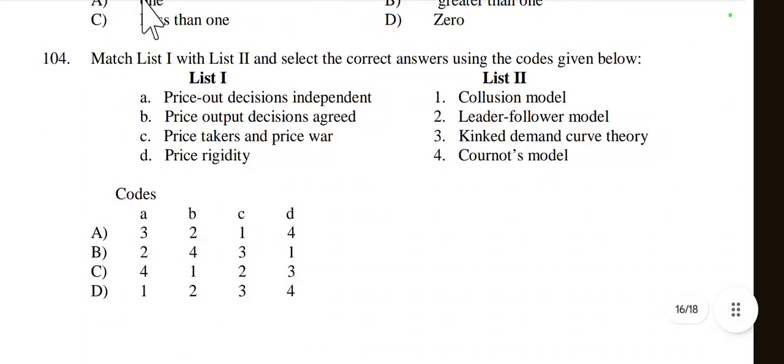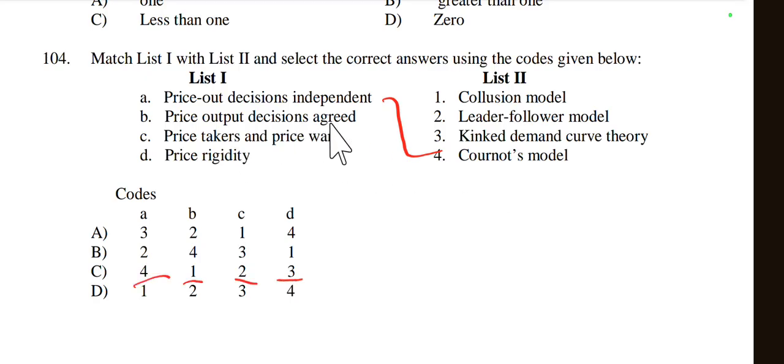Then question number 104, list 1, list 2: price output decision independent, price output decision agreed, price takers and price war, price rigidity. Means price output decision independent in Cournot model. Yes, price output decision independent in Cournot model. Then A for yes.